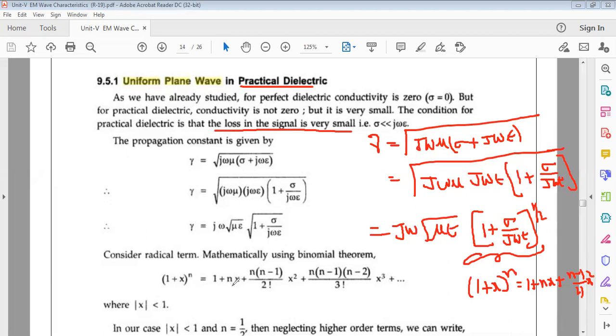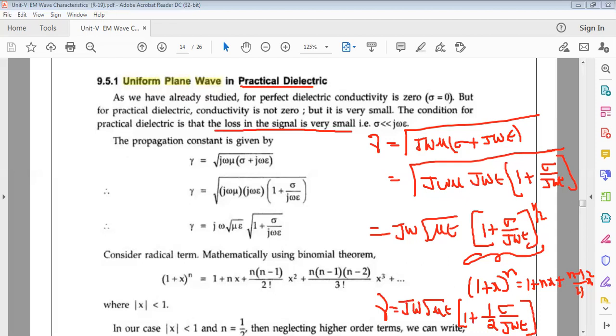Neglecting the higher order terms, we can write this function as gamma is equal to j omega under root of mu epsilon, and for this function you can apply the binomial theorem. By neglecting the higher order terms, 1 plus, what is the n here, 1 by 2, and what is the x here, sigma by j omega epsilon.